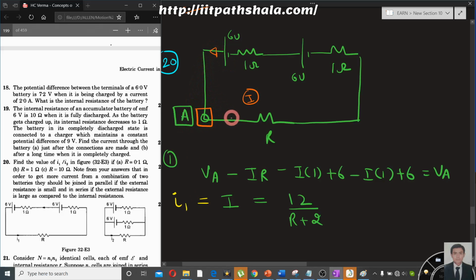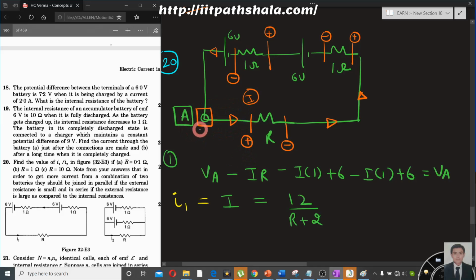So first I have to mark the signs of the resistors over here. My current is entering this resistor, so a positive sign is given to this resistor and a negative sign at the terminal end. Similarly, current is entering a positive sign, negative sign, and again a positive sign and a negative sign.